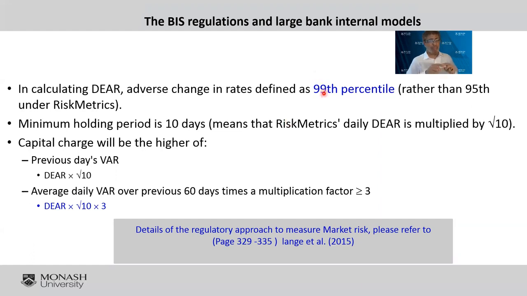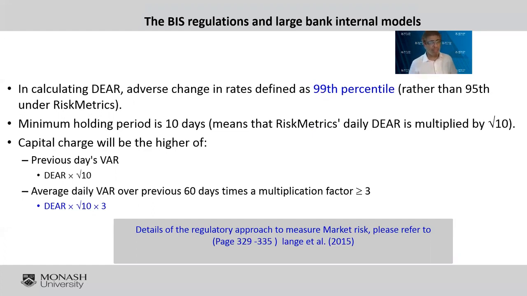So if they take, for example, equities, exchange rates or fixed income, they will calculate the changes as we did in the beginning, according to the 99% confidence, and then multiply this by the position, and that will be their exposure.